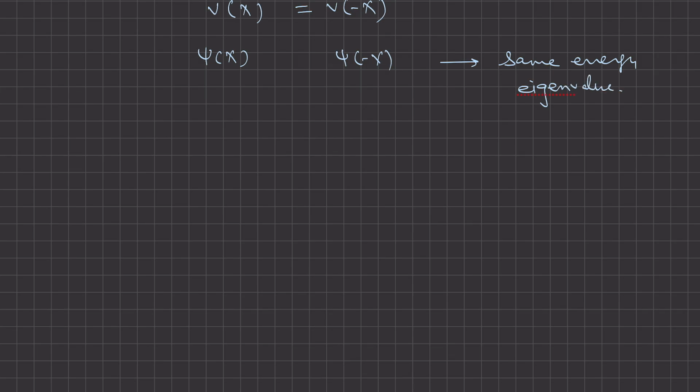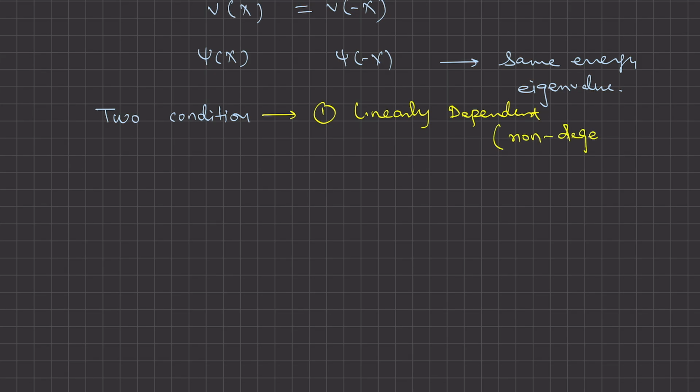So we have to ascertain both cases, first the degenerate case and second the non-degenerate case. So it will lead to two conditions. Condition one is simply that the corresponding wave functions are linearly dependent. And linearly dependent means simply it is the non-degenerate case.